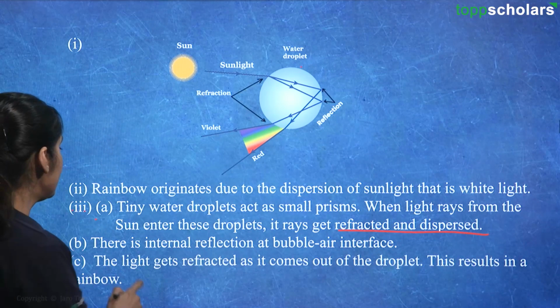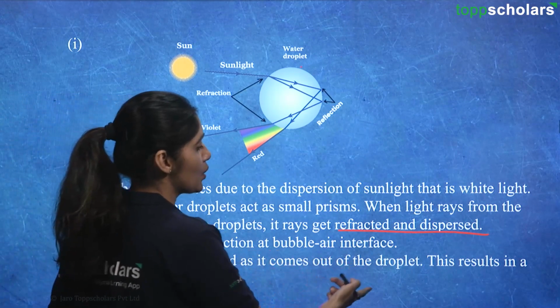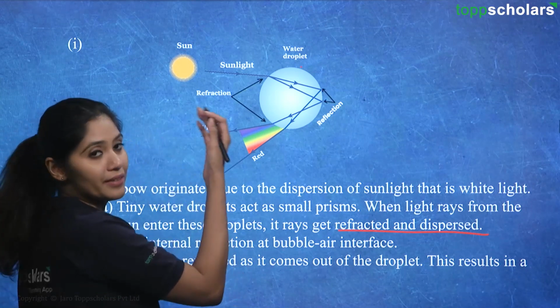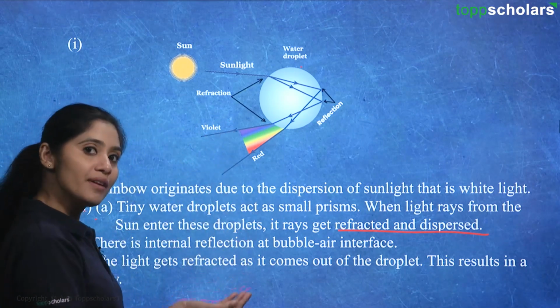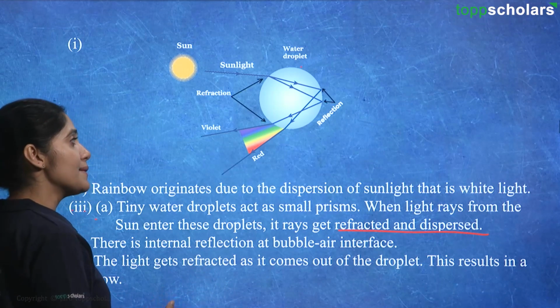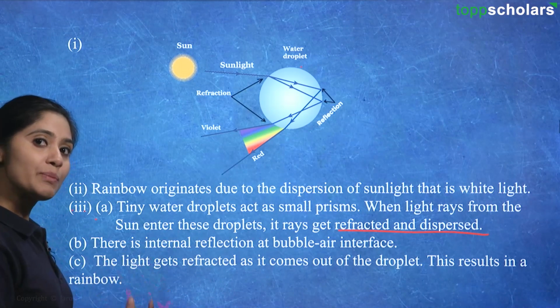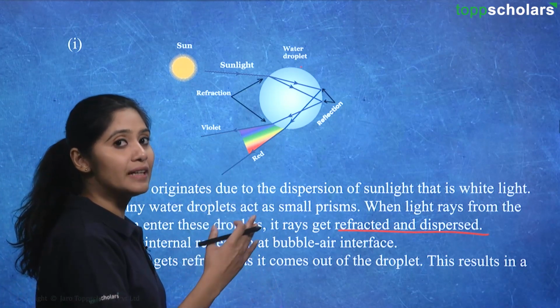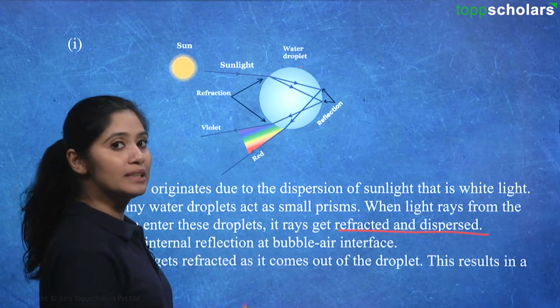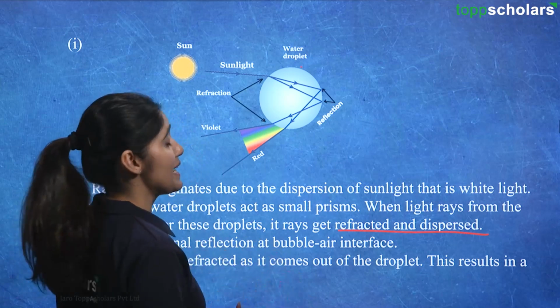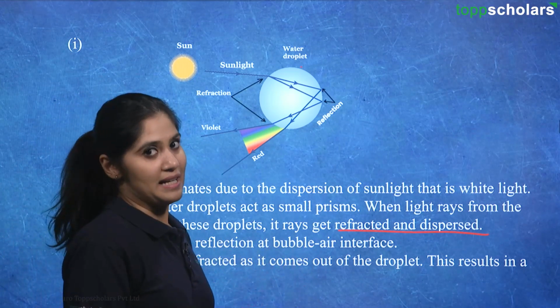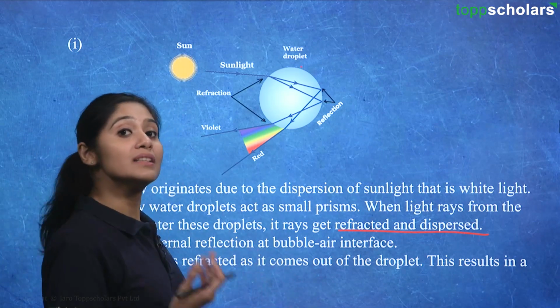Then the light gets refracted as it comes out of the droplet. Again, when it comes out of the droplet, it bends and moves away from the normal, right? And then the dispersed components of light bend in different fashion, at different angles, and therefore the resultant light that comes out gives us a spectrum of colored light, and that forms a rainbow.